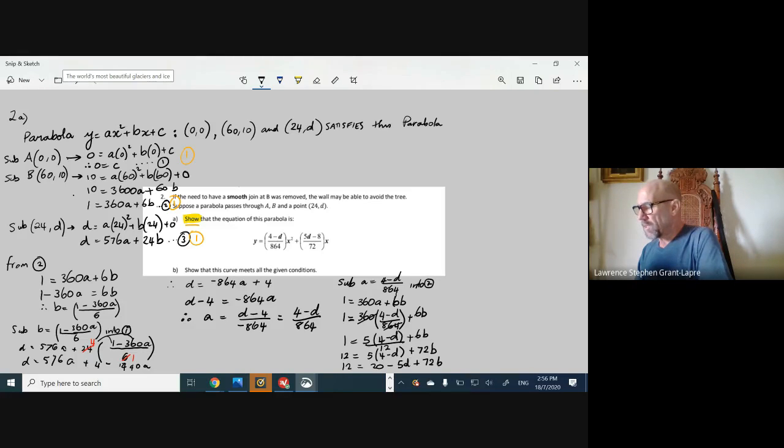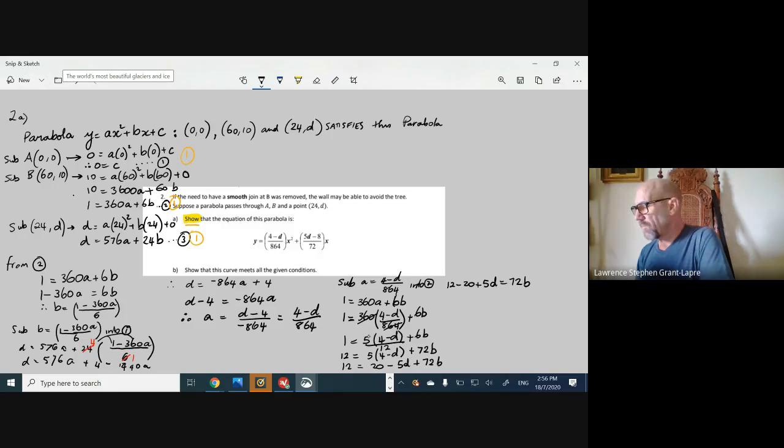Okay, I want B on its own. So therefore, 12 minus 20 plus 5D equals 72B.